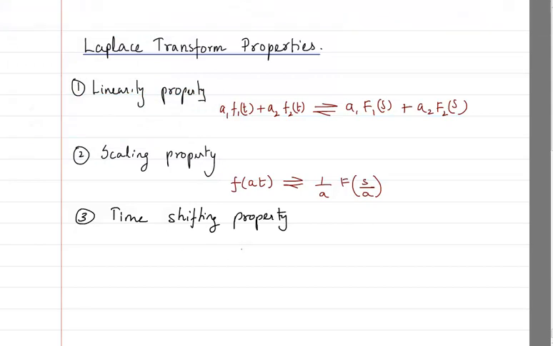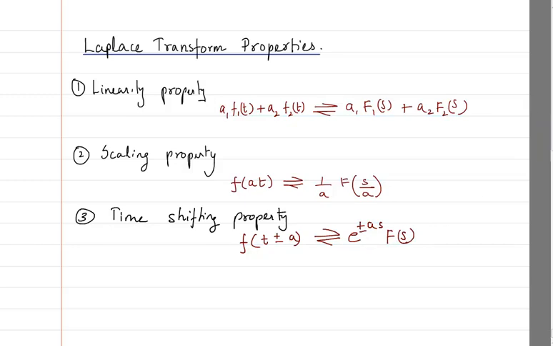If I am having f of t plus or minus a, then the Laplace transform of that will be, for plus, e raised to power plus a s, and for minus, e raised to power minus a s, times F of s. Okay, so this is the time shifting property.